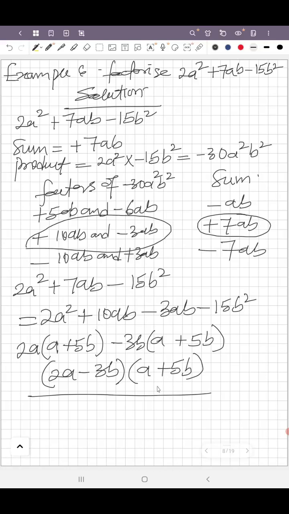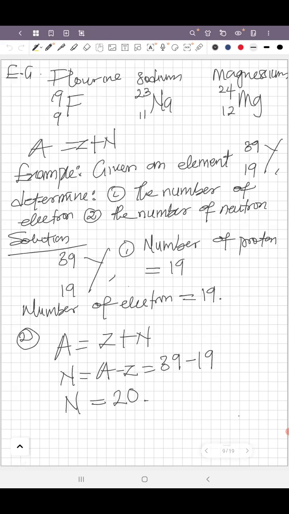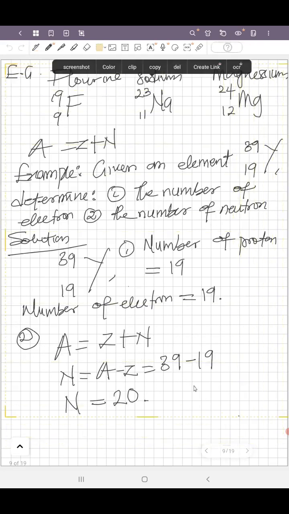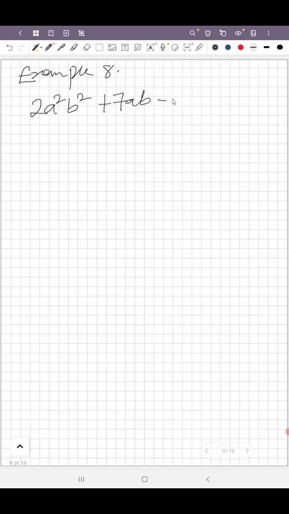So this is how we do this. So let's also have another example that relates to this, that is in the same form. The next example, example 8. Now, we have 2a squared b squared plus 7ab minus 15.